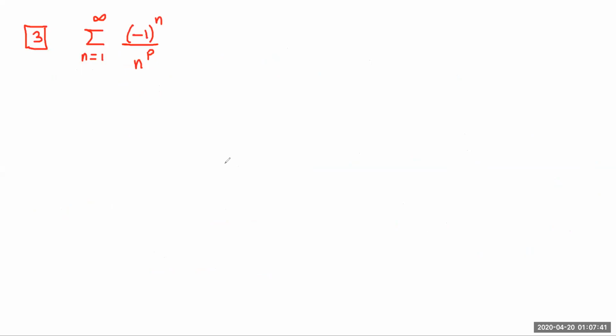Now let's see this general example. Whatever b, b any number different from 0. If b is 0, I will have minus 1 power n, which diverges. But if b is different from 0, this always converges. You will see that.